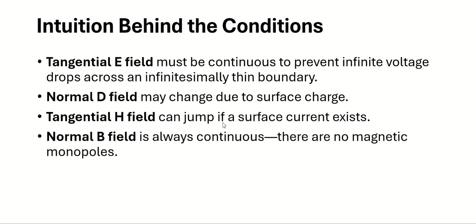So the intuition behind the boundary conditions, or the conditions themselves. The tangential E field must be continuous to prevent infinite voltage drops across the infinitesimally thin boundary. In other words, if the tangential electric field is changing, especially dropping, you have a noticeable voltage drop through the wire.